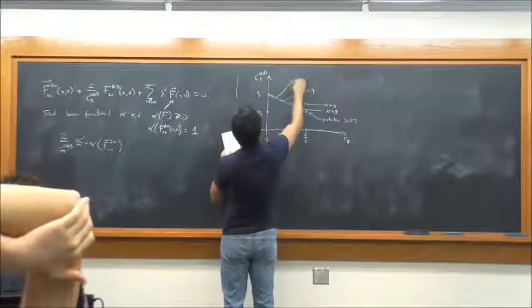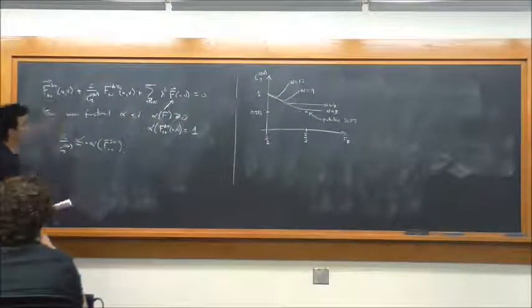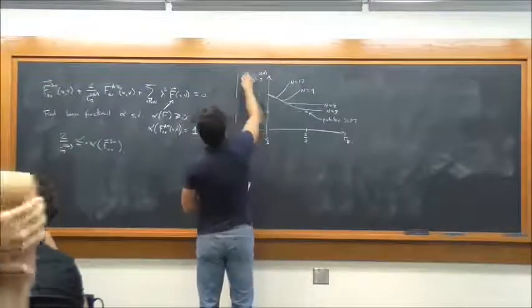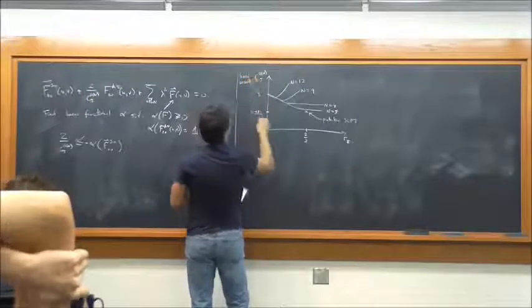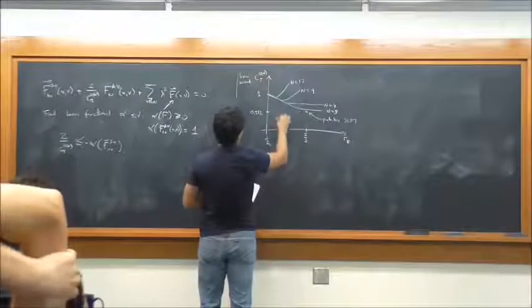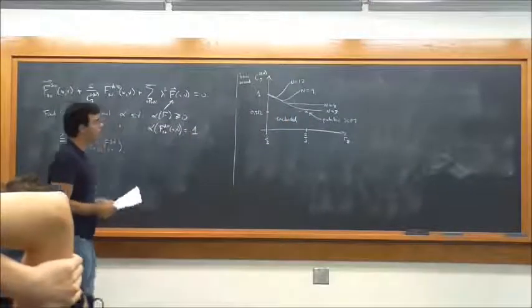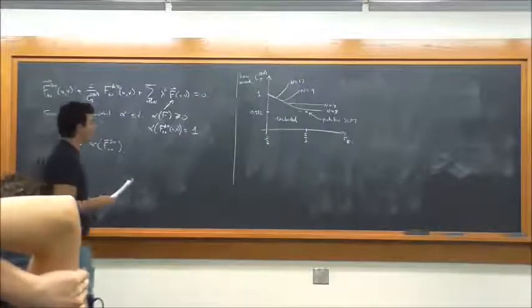N equal 12 would look like this. So they all agree in the region close to 1/2, but then they go up. So this is a lower bound on this quantity. So this region here is excluded, and it's allowed above. So this putative SCFT is just excluded.